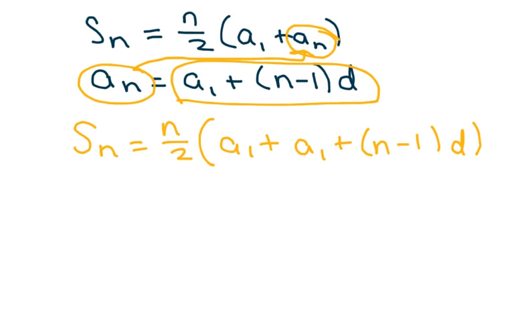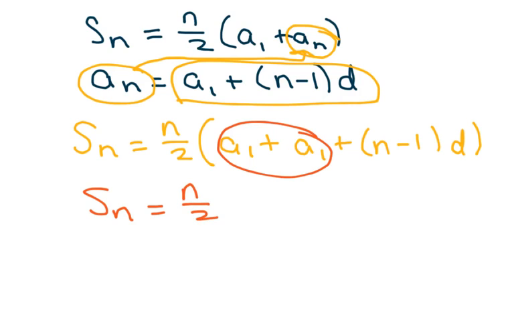Basically here we have two a sub 1s, so we get S sub n equals n over 2 times 2 a sub 1 plus n minus 1 times d. So that's where the formula comes from.